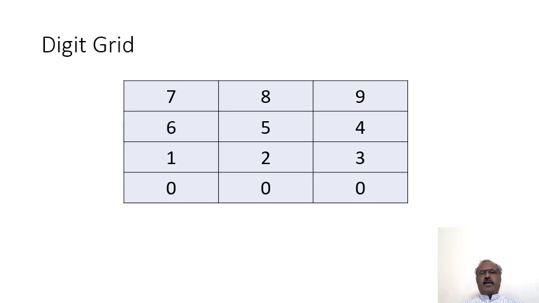There is a reason why this grid has been designed this way. Beginning with toddlers, those who are in KG or getting familiar with the digits and numbers, we can play a lot of games on the basis of the digit grid.